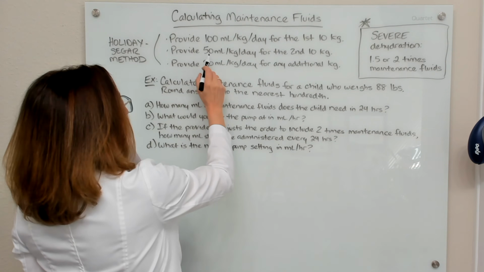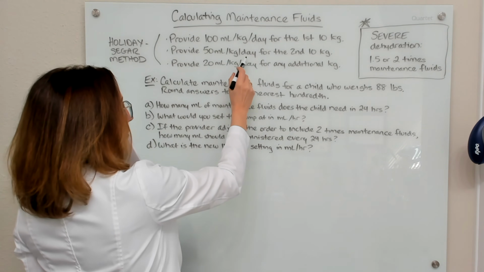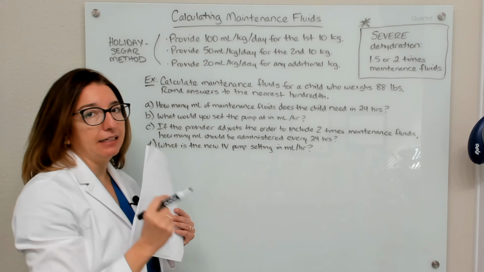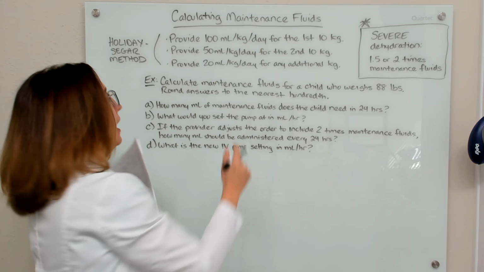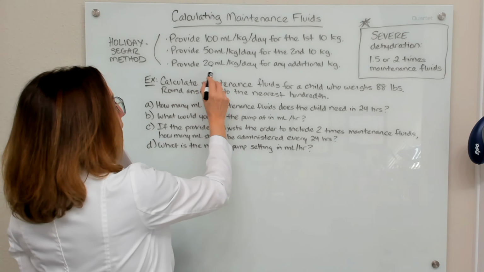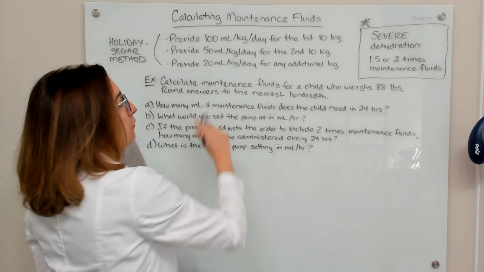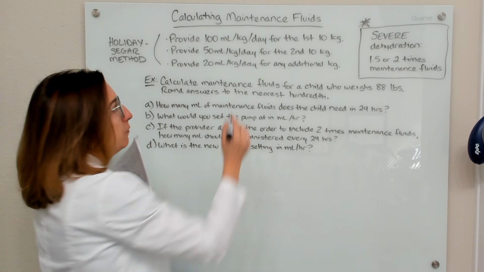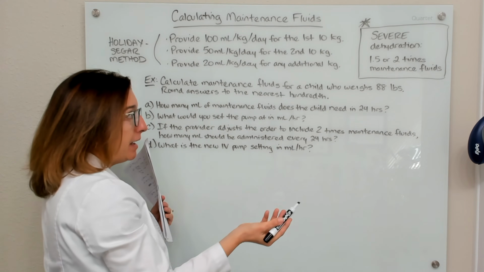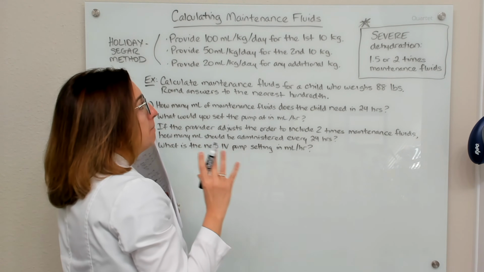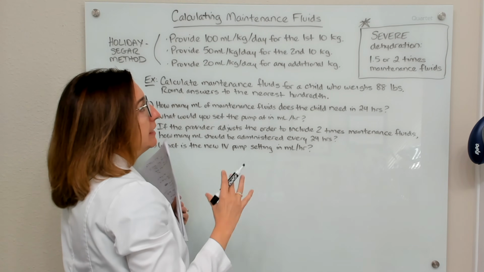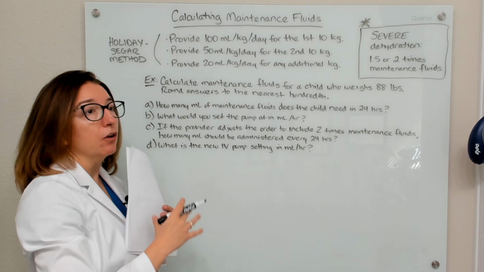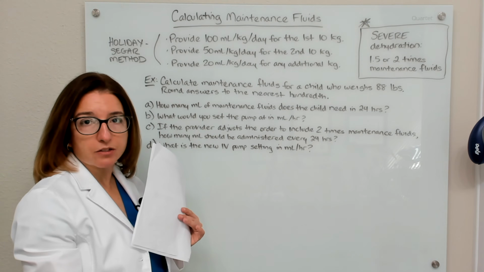We want to provide 50 milliliters per kilogram per day for the second 10 kilograms of the patient's weight. And then we want to provide 20 milliliters per kilogram per day for any remaining kilograms of the patient's weight. Then we would add up these three amounts, and that would give us the milliliters of fluid that we need to give the patient over the course of the day or 24 hours.